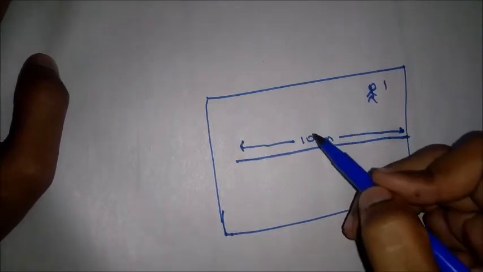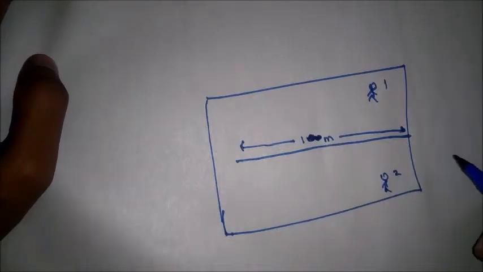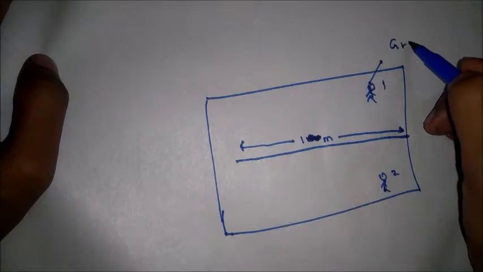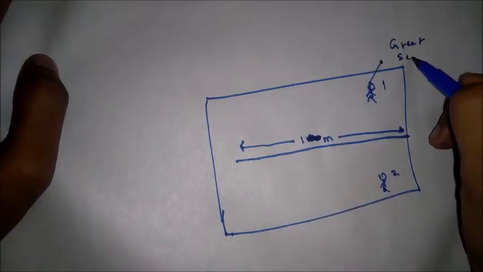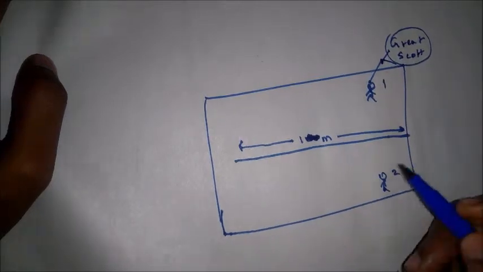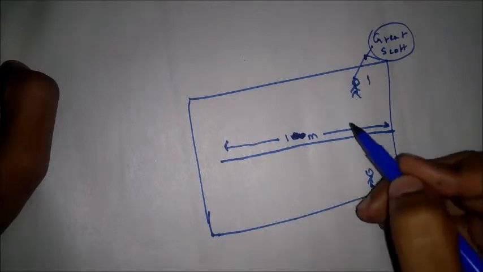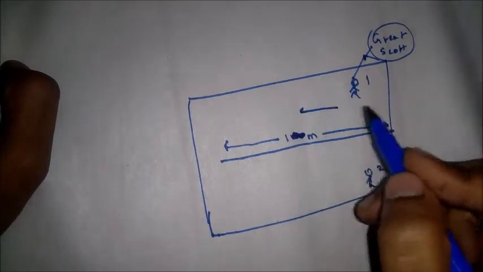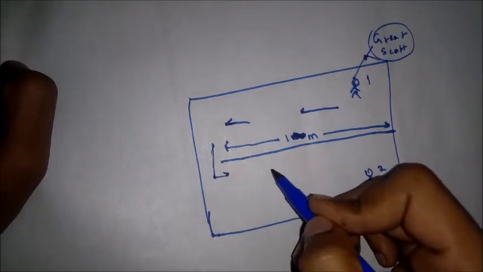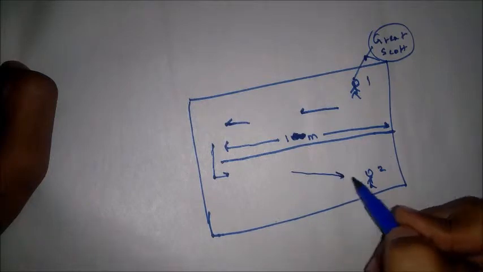However, if this distance was reduced to a single meter, even if person one says something like, well, great Scott, person number two would be able to hear him. Sound waves would move and bend around the obstacle, that is the wall, to reach person number two.